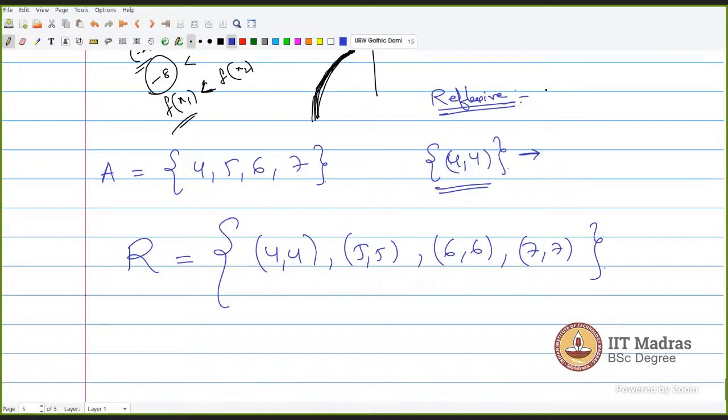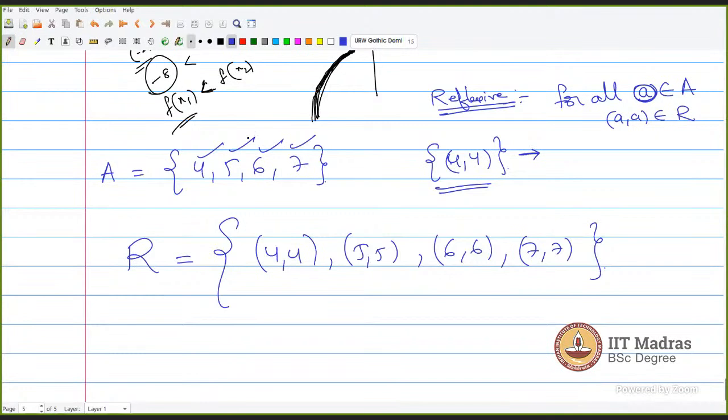It should not be for some a in the set A; it should be for all a belonging to A, a comma a should belong to your relation. So this small a should range over 4, 5, 6, 7.